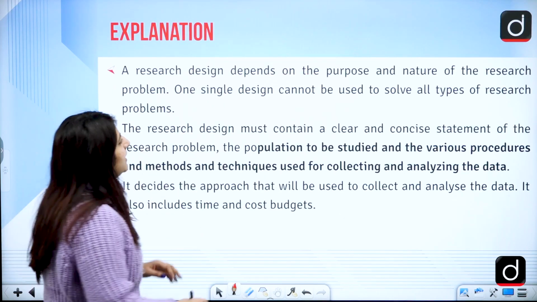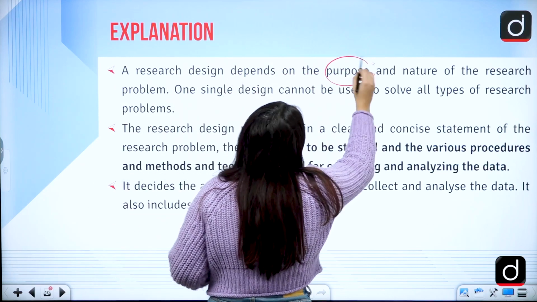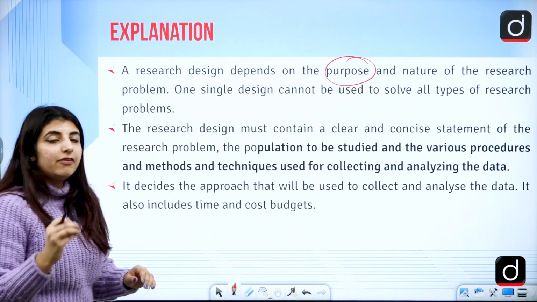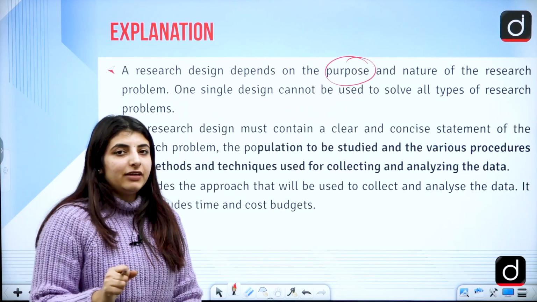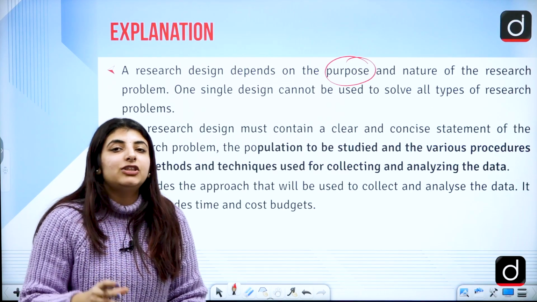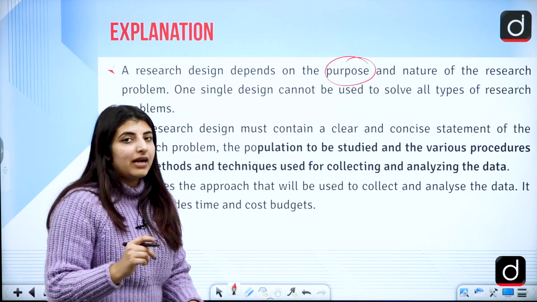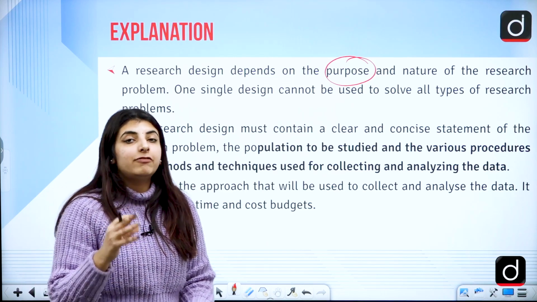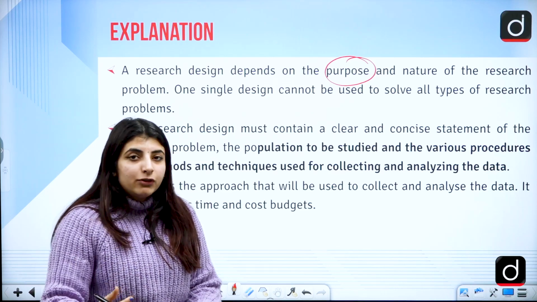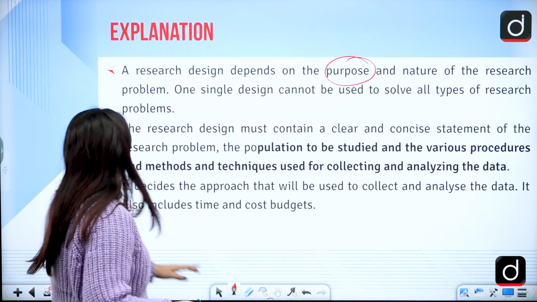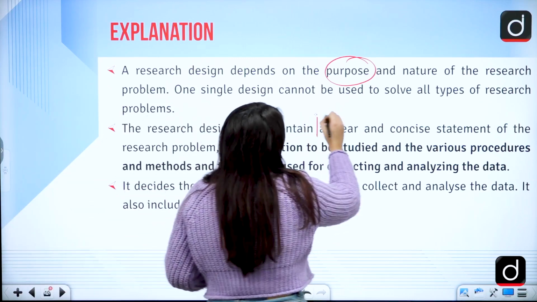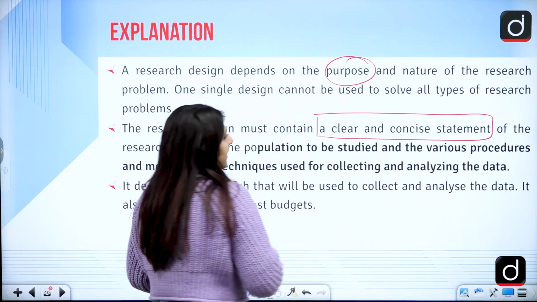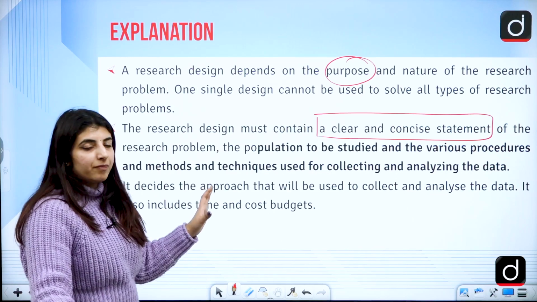A research design depends on the purpose and the nature of the research problem. As I told you, if you are going to collect data which is subjective in nature, then the nature of the research is in-depth analysis. And how can that be done? Using qualitative tools like interviews, questionnaires, etc. The research design must contain a clear and concise statement of the research problem, right?